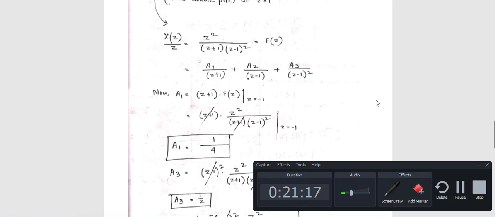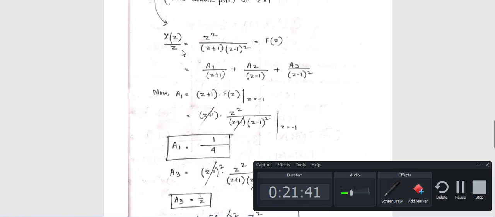Now you have to check what is the value of a1, a2 and a3. These are the rules of partial fraction. For this you can calculate the value of a1, a2 or a3 using the residue method also. How? The overall process is partial fraction, but in the middle you can use the residue process.